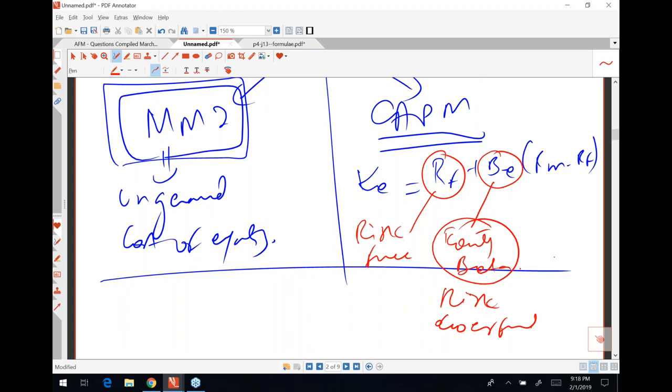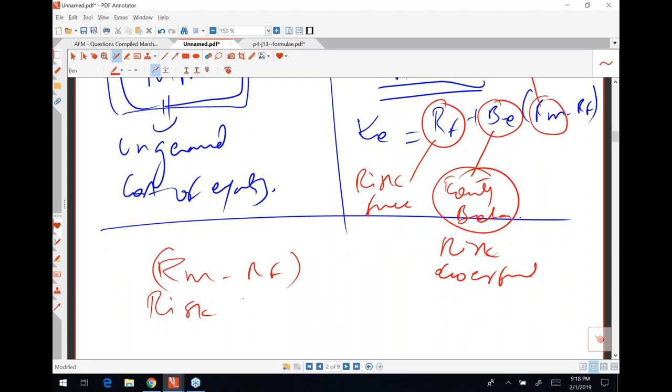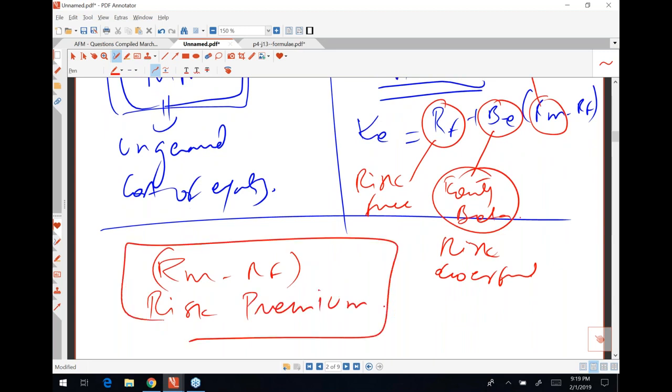Then you have got Rm, which is the market rate of return. And when we talk about Rm - Rf, this is considered to be the market risk premium.